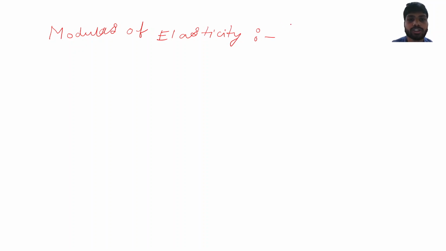So we can write modulus of elasticity as E equal to sigma upon epsilon, where epsilon is the strain acting on the body and sigma is the stress in it.